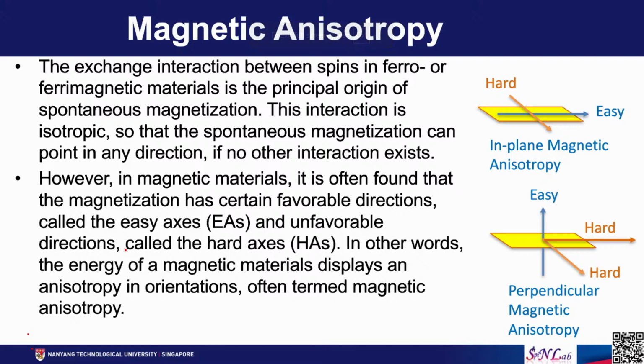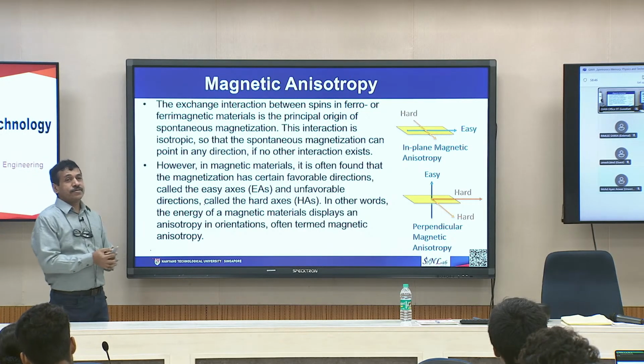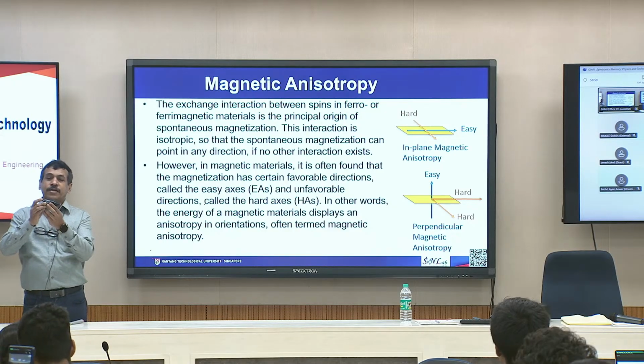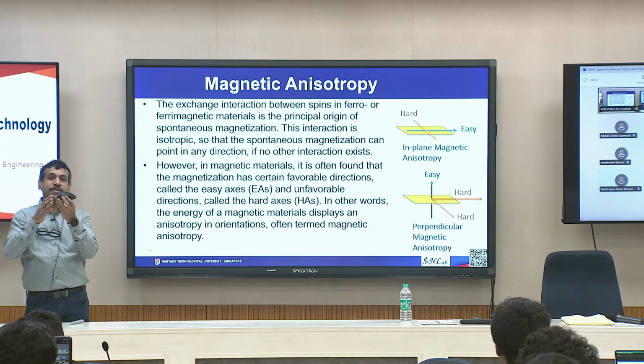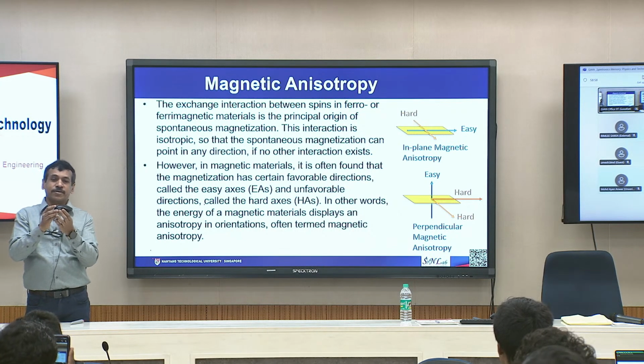Before I say anisotropy, let me discuss isotropy. Suppose you measure a physical property in different directions. Let us say this is a piece of copper block, and you want to measure the resistivity of copper.